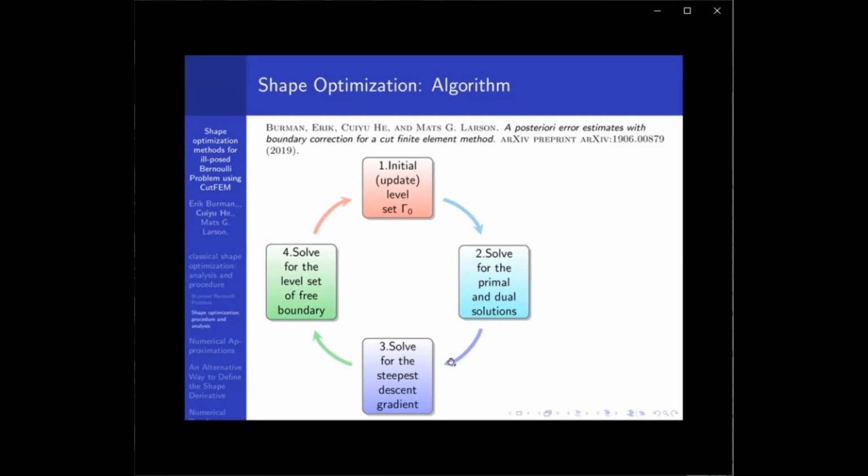Then based on the gradient descent method, we solve for the steepest descent gradient or velocity. Based on that, we solve for the level set of the new free boundary. Then we update the free boundary, and we continue the iterative procedure until we get the true solution or the stopping criterion is satisfied.